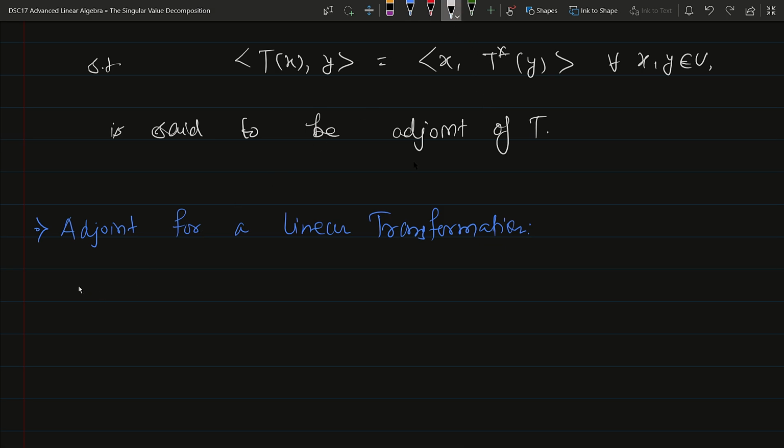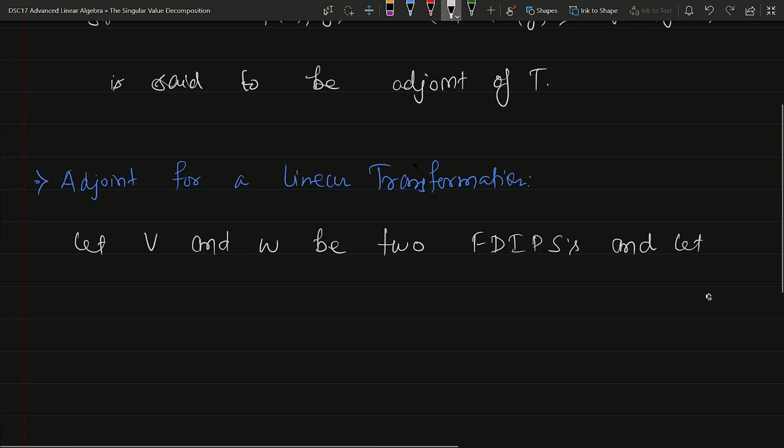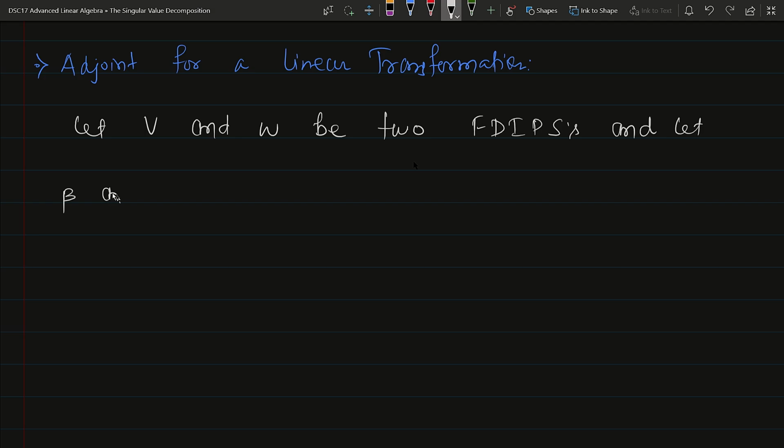Okay, so let U, V and W be finite dimensional inner product spaces, and let beta and gamma be orthonormal bases for V and W respectively.